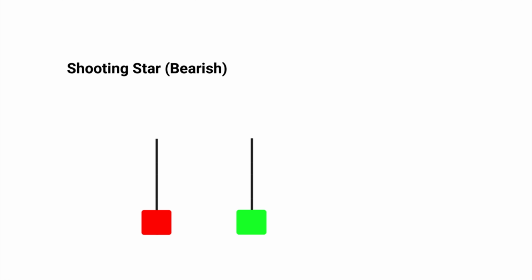Okay, shooting star, or inverse hammer. Depends what you want to call it. There's plenty of other ones, but again, it can also be called a hanging man as well. But same sort of thing.